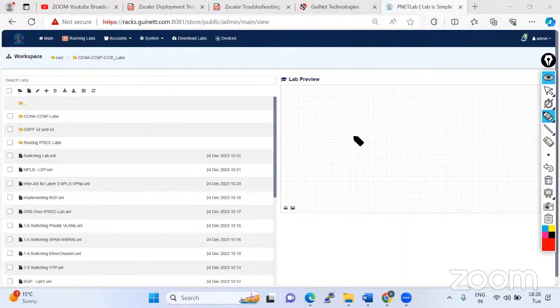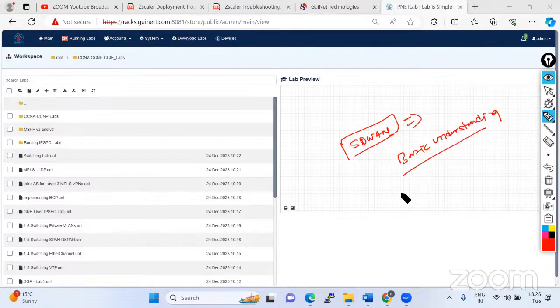Even if someone is thinking, I am an SD-WAN engineer and I don't need to understand BGP, it's totally not true. You should have a basic understanding of BGP. Because if you don't know BGP and you are building the fabric for Cisco SD-WAN, there is underlay connectivity, and in this underlay connectivity you are required to run BGP.